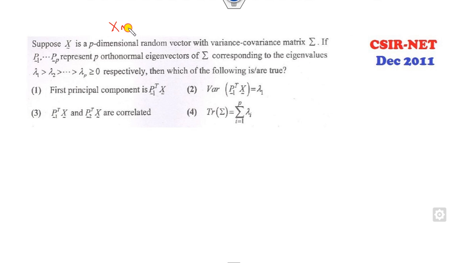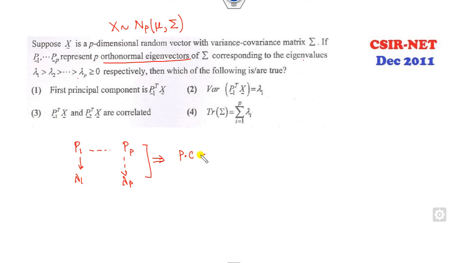If X is a p-variate normal distribution with variance-covariance matrix sigma, and the mean is not given, so I consider it as mu. If the pi's are orthonormal eigenvectors corresponding to the eigenvalues, and p1 has this eigenvalue and p2 has that eigenvalue, then what are my principal components?